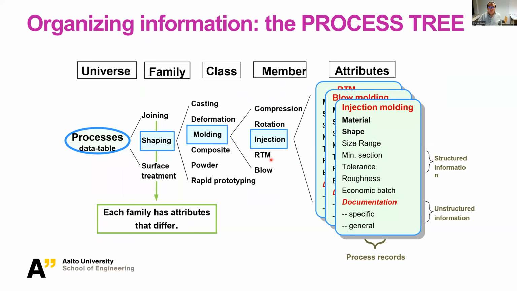All right, so here I'm showing you this organized information about processes. As we just discussed in the previous slide, they are organized similarly to the material tree. So this is the so-called process tree. We have these three big families, and then when you go to classes, for shaping, as you can see, molding, casting, deformation, and so on.